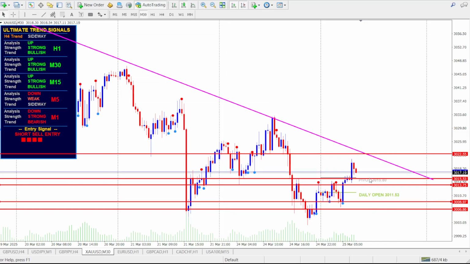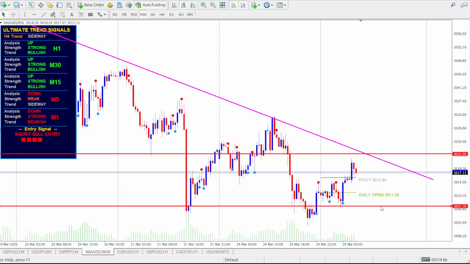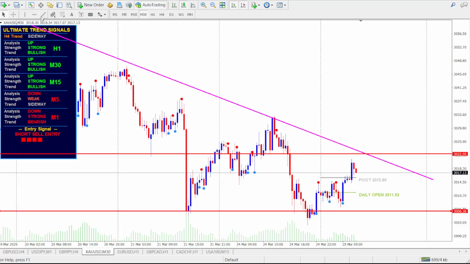Do not set your take profit beyond the support. If you want to set your take profit, you can just set it at the nearest support zone.